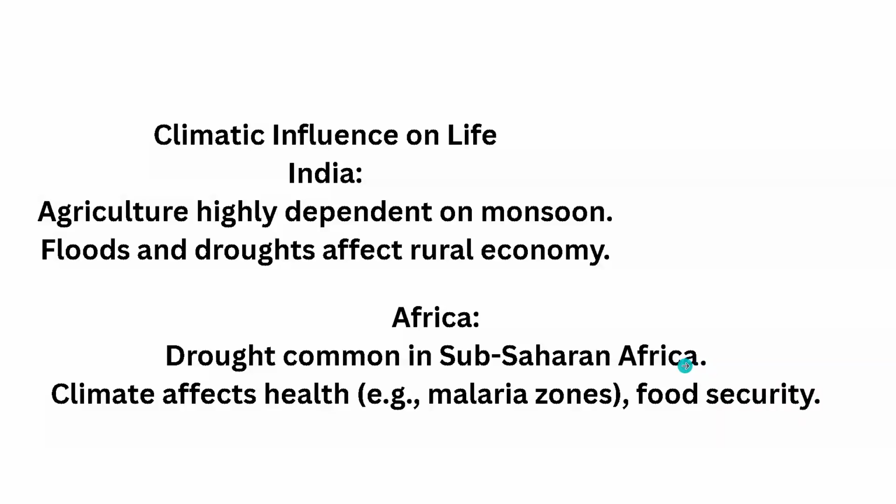Then climate affects health. You will find malaria being prevalent in the Congo basin as it is filled with tall trees. In the equatorial region you will find thick forests with trees more than 60 feet in height.